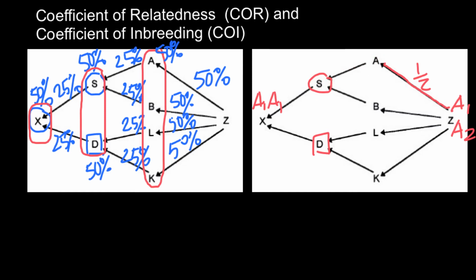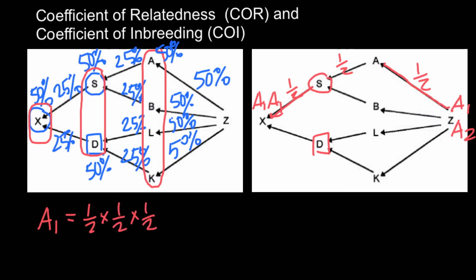Once again, the probability would be 50%, or 1/2, and the probability that individual X would get this A1 allele from parent S, from its mother, would also be 1/2. So the probability that individual X would have one allele A1 inherited from the mother side would equal 1/2 multiplied by 1/2 and multiplied by 1/2.